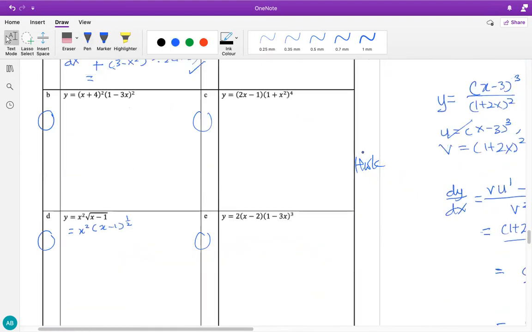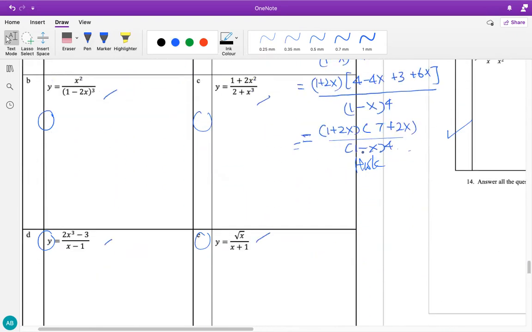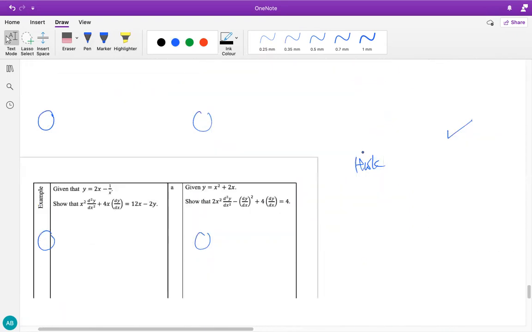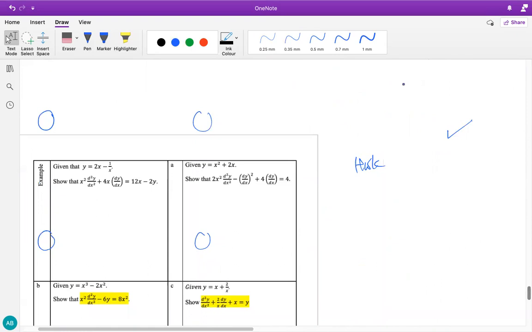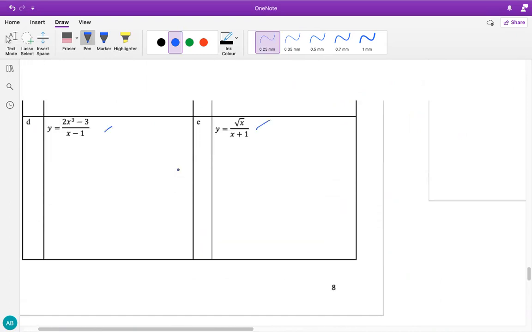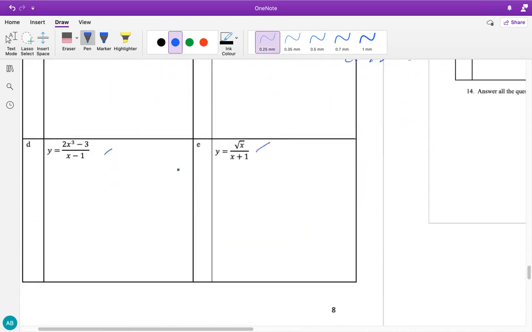Here also the homework is B, C, D, E, for the product rule and quotient rule.